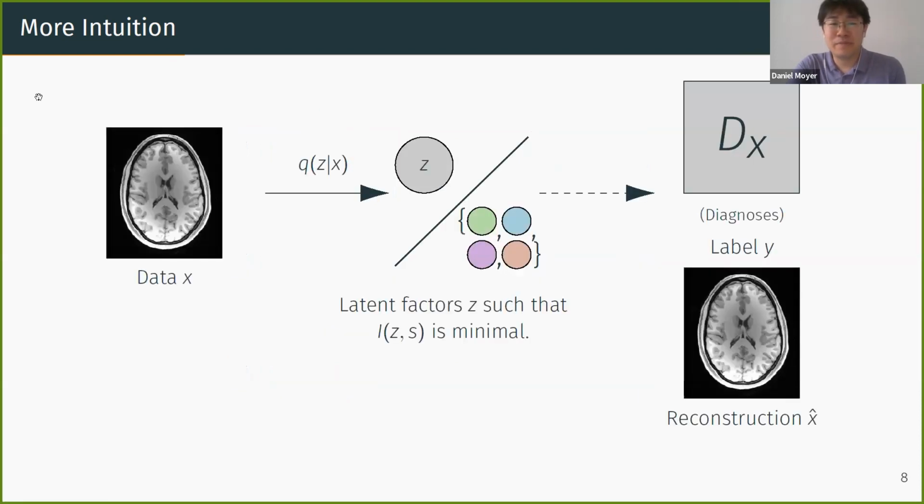Great. So now we have a little bit more information here about what's going on. So if we take our data and we send it to a representation through an encoder, so that's q(z given x), we want a latent factor that has minimal mutual information with the thing that we want to remove. So minimal I(Z;S).